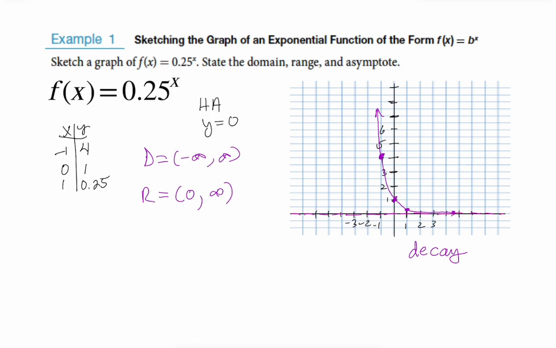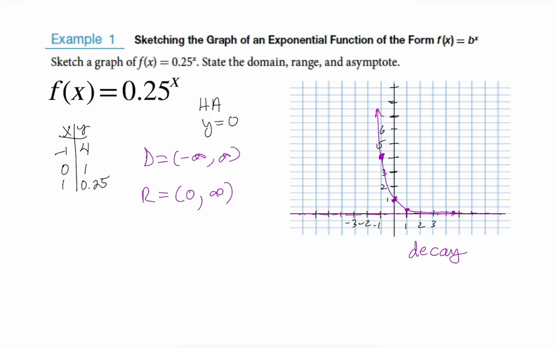So if we start affecting the x, some things could happen. Now let's talk about some of those transformations. Hopefully you've got a sense that, if it was a square root function or a polynomial, anytime we manipulate the function in a certain way, if we add something on the inside, it moves left. If we add something on the outside, it moves up.